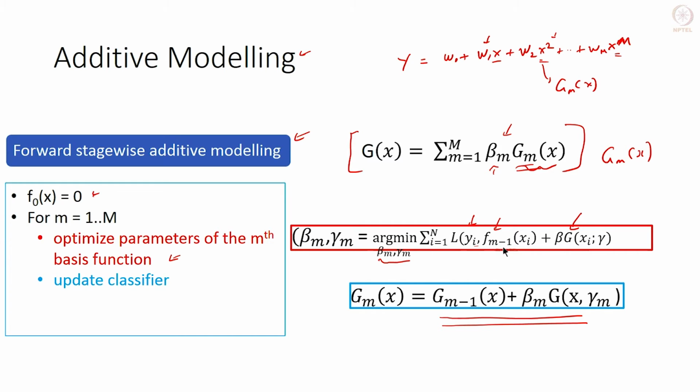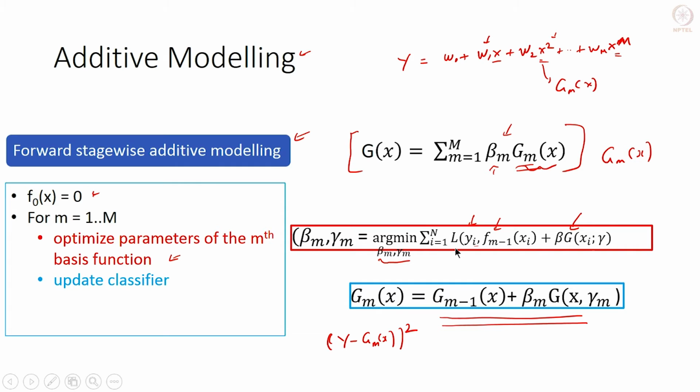In this case we have not specified exactly what the loss function is. So, we can look at a very simple loss function. Let us say we are looking at y minus g_m of x, squared, which is your least squares cost function.